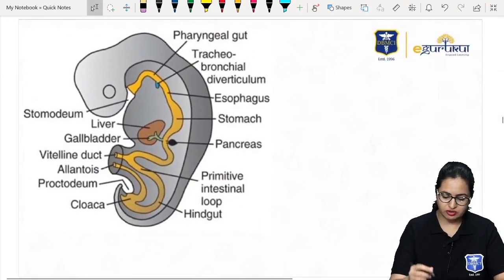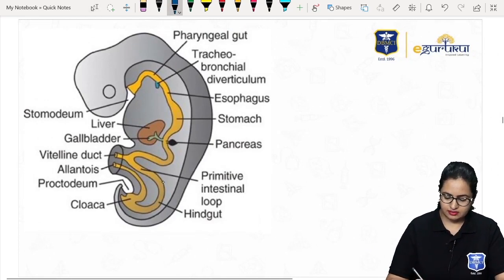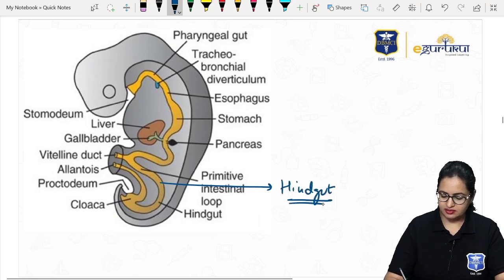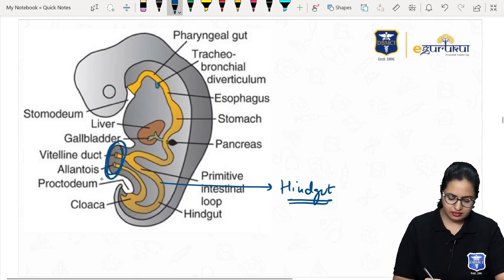If you see this picture of the embryo over here, this is the hindgut which is present at the lower level of the caudal end of the embryo. This is the umbilical opening.